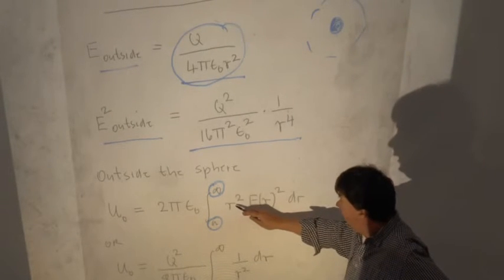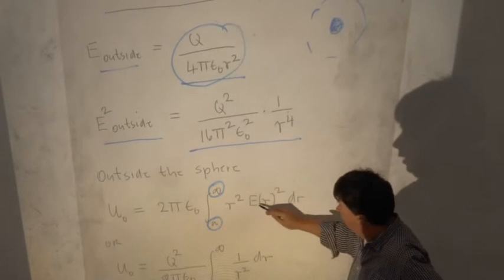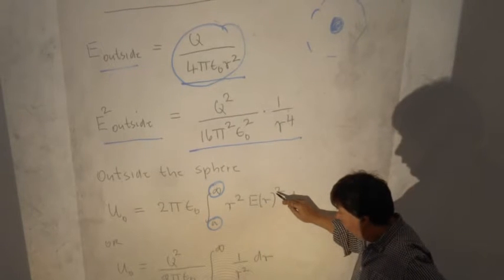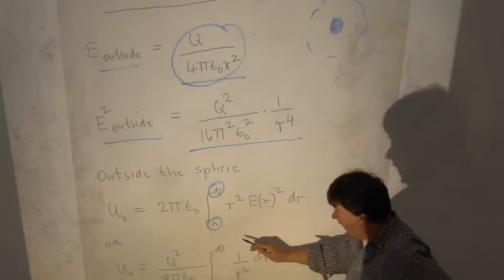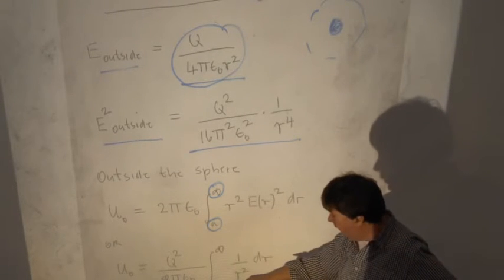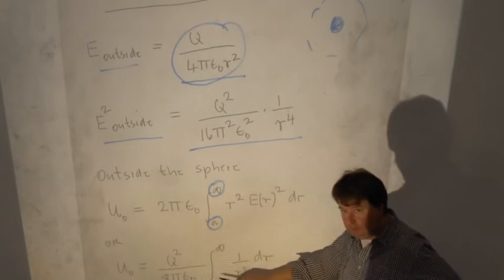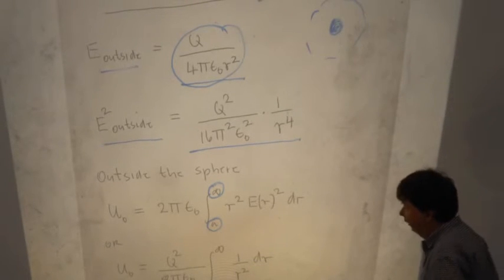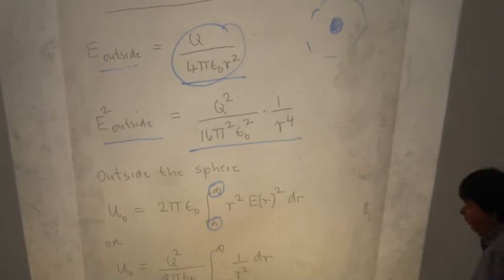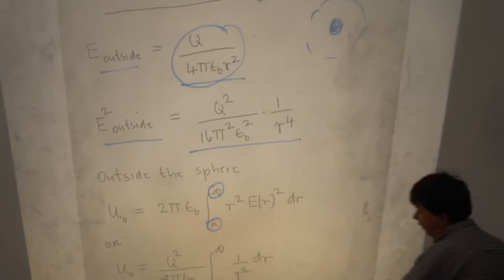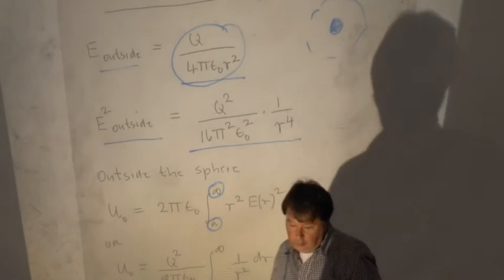And now we've got, again, this integral of r squared dr over the square of the electric field, so an integral of 1 over r squared. But now our lower limit is a, the fixed radius of the ball of charge. So this isn't the same as the integral that gave us the problems with the point charge, because it's the same integral, 1 over r squared, but now the limits are between a and infinity.